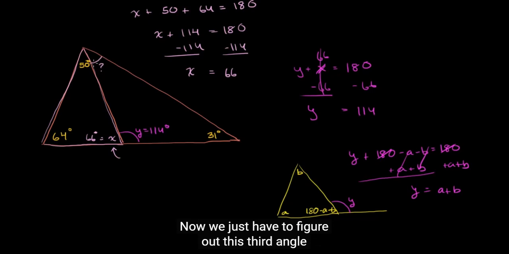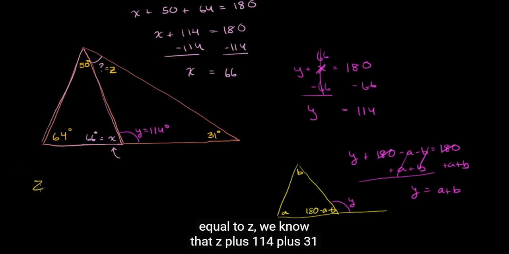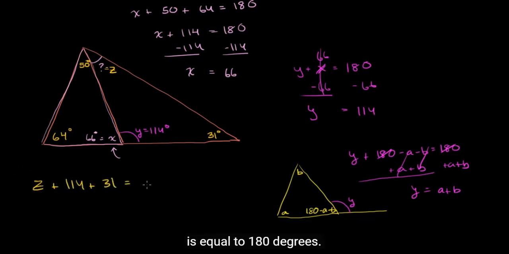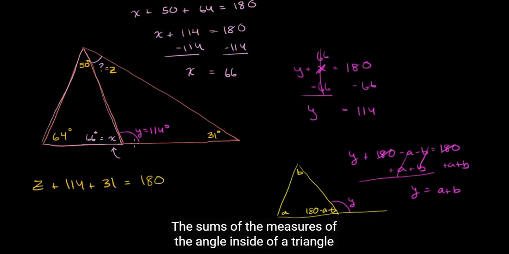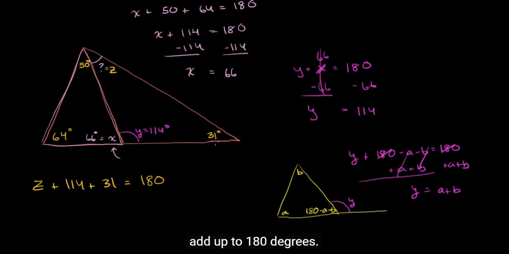Now we just have to figure out this third angle in this triangle. If we call this question mark z, we know that z plus 114 plus 31 is equal to 180 degrees. The sum of the measures of the angles inside of a triangle add up to 180 degrees. That's the only property we're using in this step.